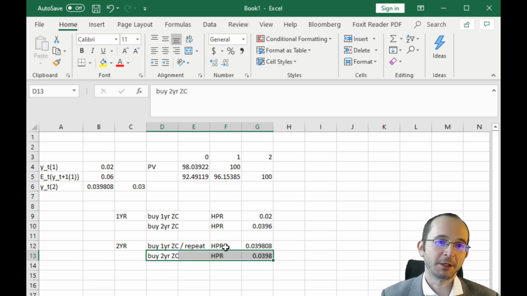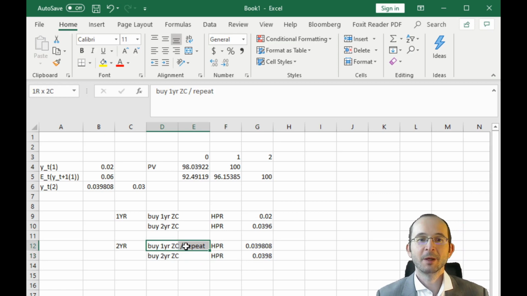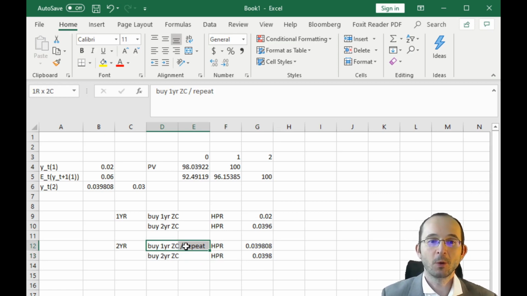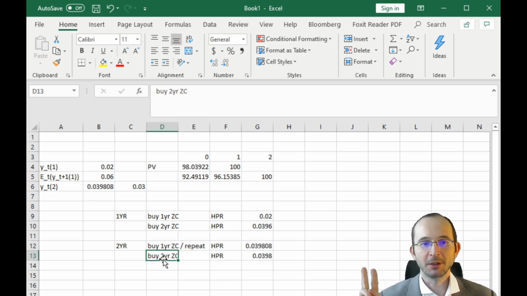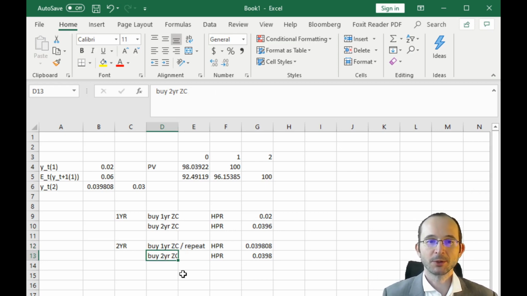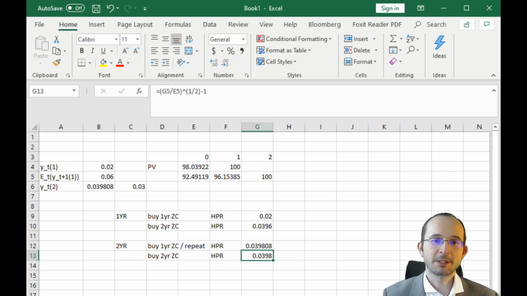Now the investor is again indifferent in investing in the 1-year bond and rolling their investment over for another year, or between investing in the 2-year zero coupon bond straight away. They would earn the same holding period return regardless.